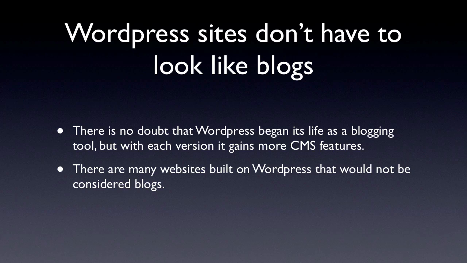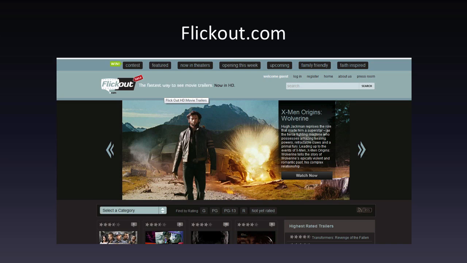Okay, and WordPress sites don't have to look like blogs. Even though it began its life as a blogging tool, there's plenty of WordPress websites that you can look at, and they don't look like what you would think a blog, like a Tumblr or a Blogger site, would look like. And there's just a couple of examples here. These are old now, may not even look like this anymore, but this is a movie trailer website.